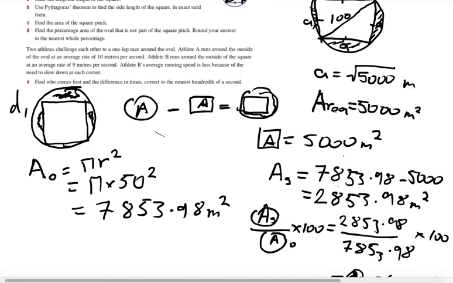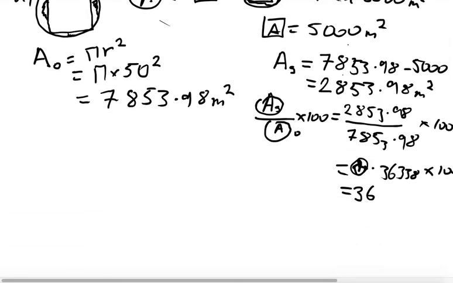However, the question says to the nearest whole percentage, as we can see up there. So rounding off 36.338 to the nearest whole percentage is just going to be 36%.